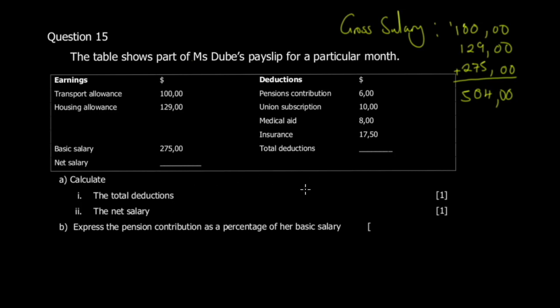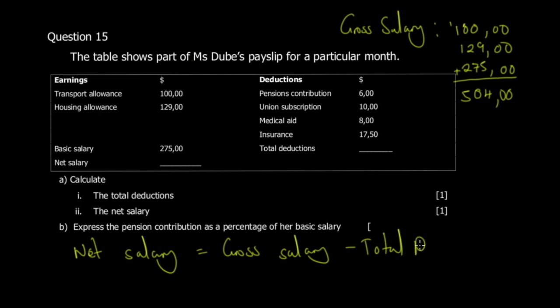And now the net salary would be equal to gross salary minus total deductions. So this would be $504 minus total deductions.